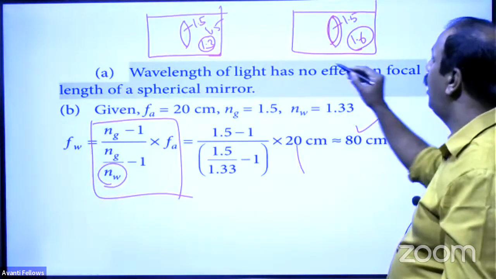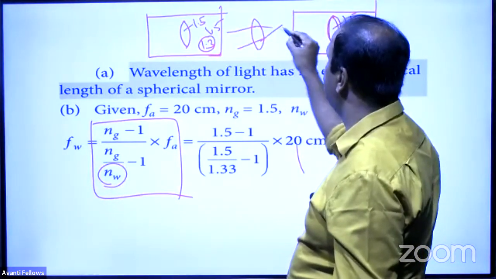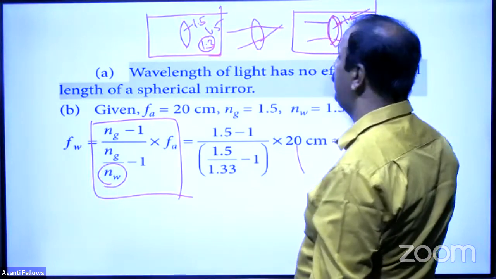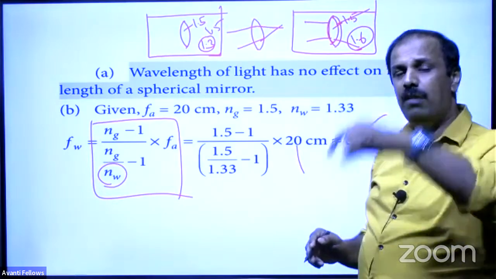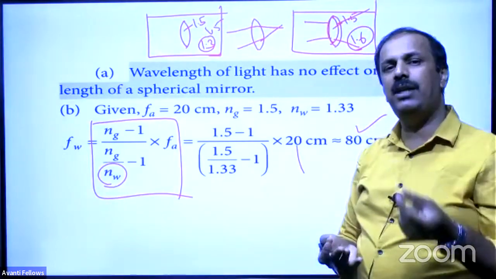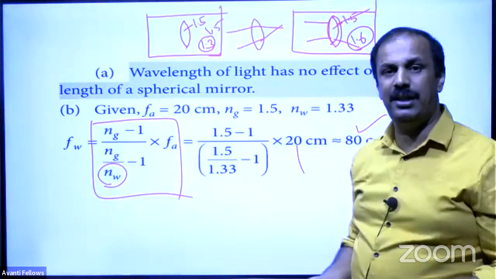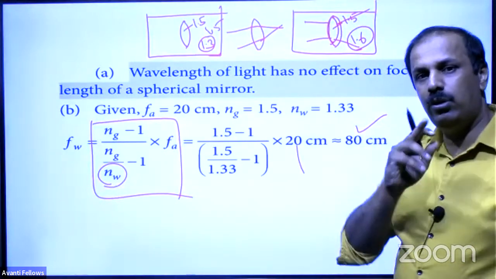When the lens is kept outside, it is converging like this, but inside the liquid, it will behave like a diverging lens. Very, very important. If you take a converging lens and put it in a liquid which has a refractive index more than that of the lens, then the converging lens will become a diverging lens, and a diverging lens will become a converging lens. I think you got the idea.